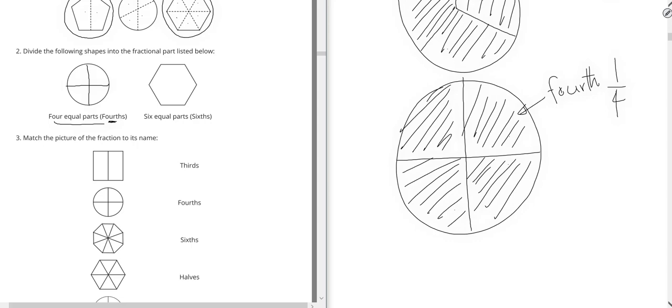Shape number 2, 6 equal parts, sixths. So we can divide it from here into 2 halves. Then here. So how many parts do we have? 1, 2, 3, 4, 5, 6, and they are equal parts.